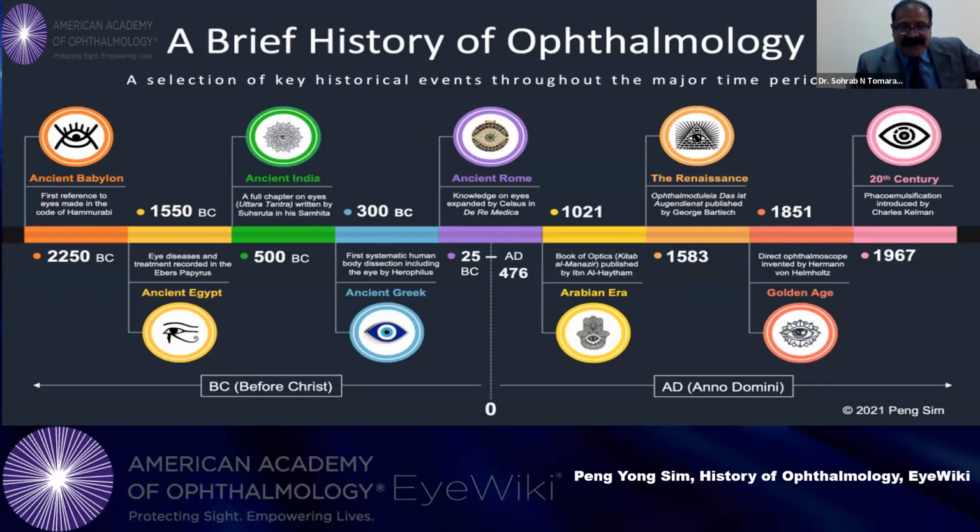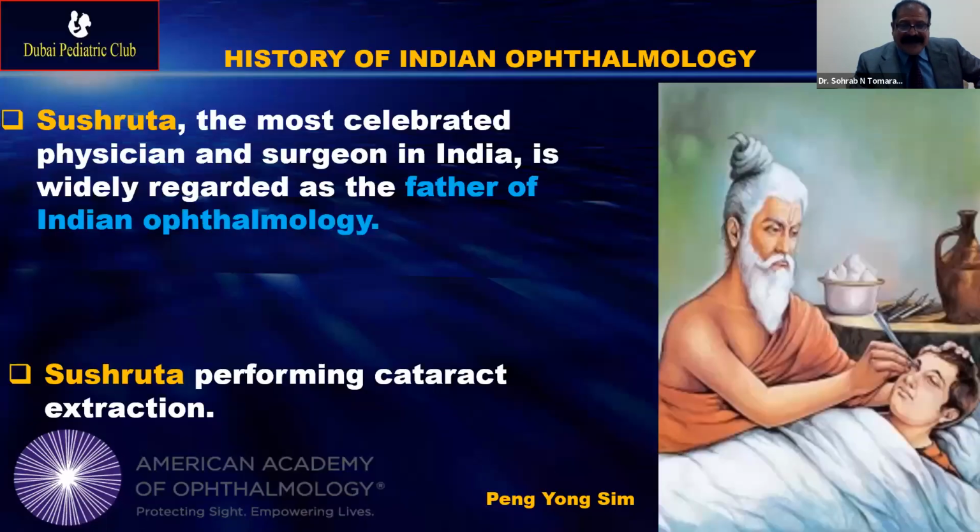We always mention Hippocrates, but in ophthalmology, it is 2250. Then comes the era of ancient Rome, then the Arabian era, Renaissance, and Golden era, and from about 1967 onwards, the newer developments. I'm not going into the detail of that.